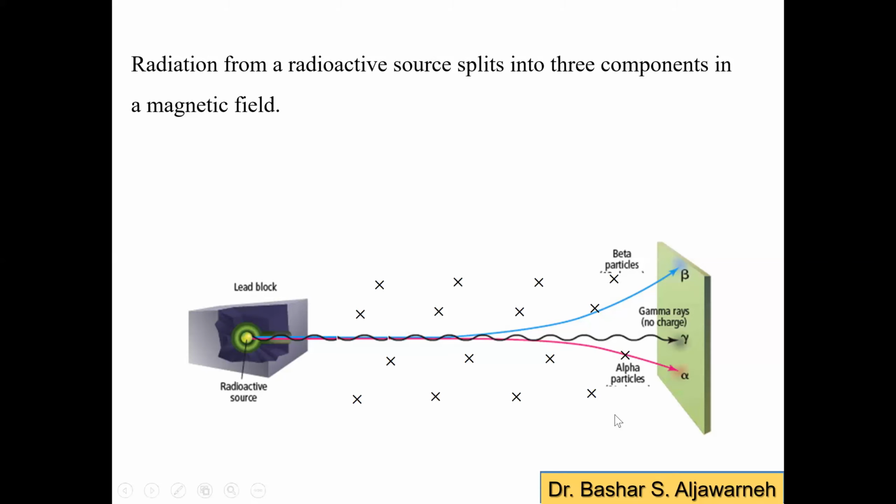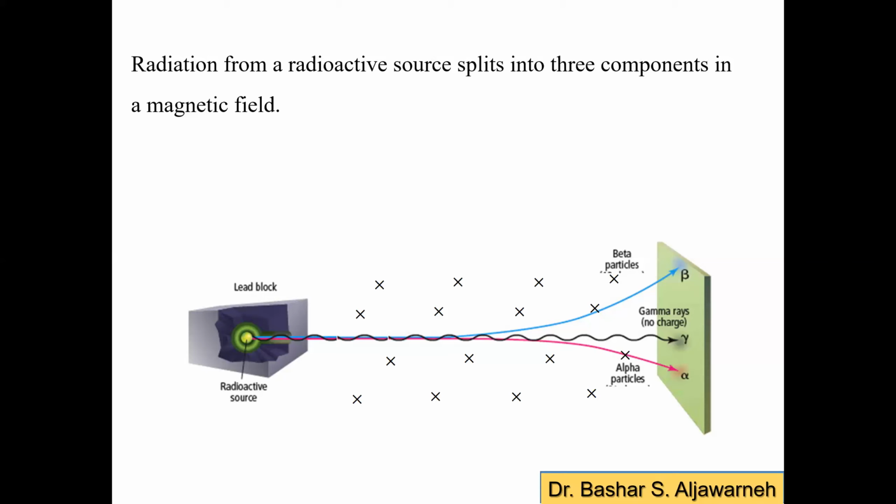So from here, alpha and beta, because they are deflected, one of them counterclockwise and the second clockwise. That means I have two different charged particles, where gamma is moving in a straight line.